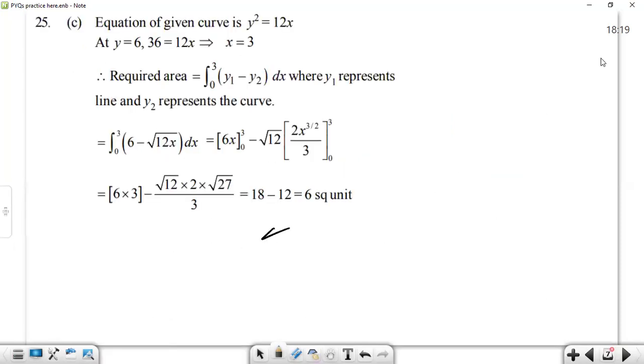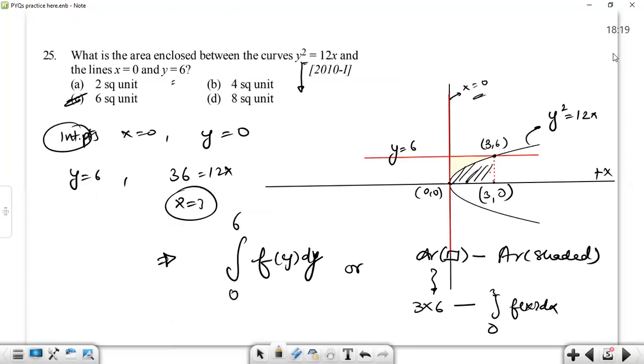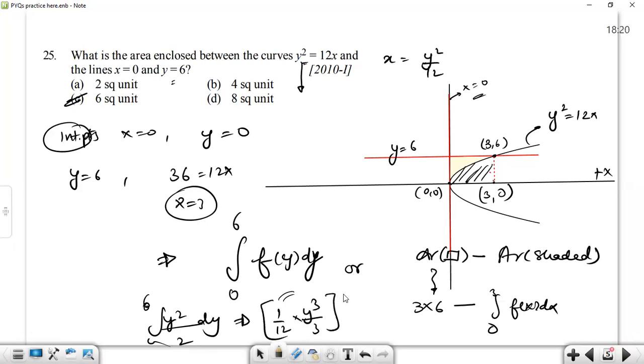Let's check. Yes, it is so. So is this question clear to you? Yes, sir. We have also gone with this method because this would be simpler. For finding its value, first we need to find x here, y squared by 12, and then we have the function of the curve in y terms. Integrating this, 1 by 12 integration of y squared is y cubed by 3, with limit from 6 to 0.